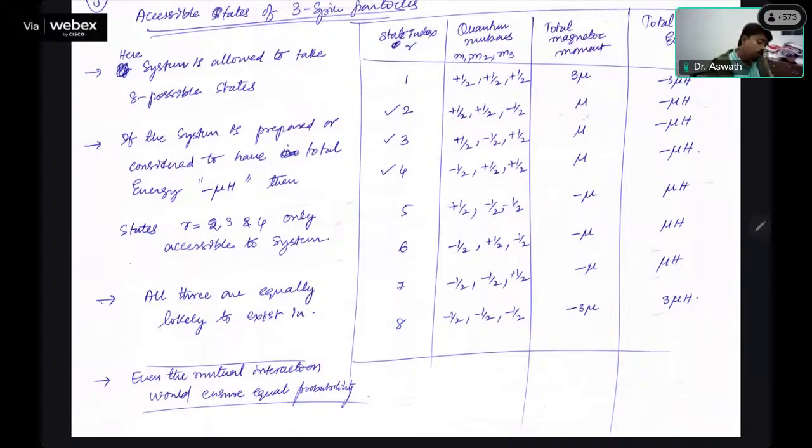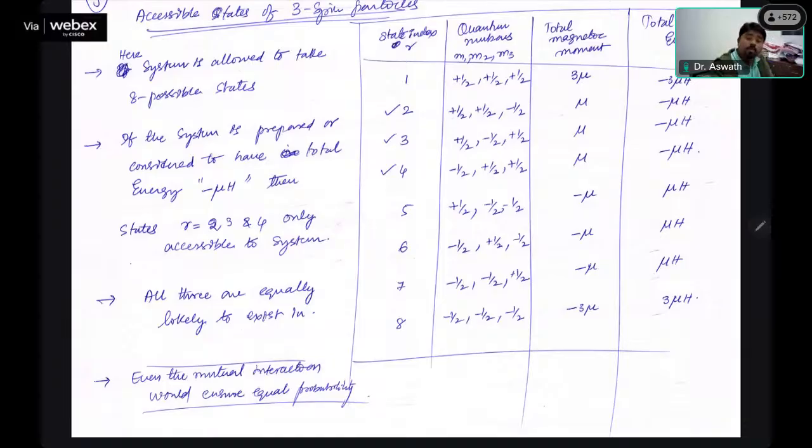So if I ask, out of the 8 possible arrangements for this 3 spin system, what is the probability for the system to have an energy of minus mu h and magnetic moment mu? That would be 3 out of 8. So 3 out of 8 is the individual probability for R equal to 2, 3 and 4.